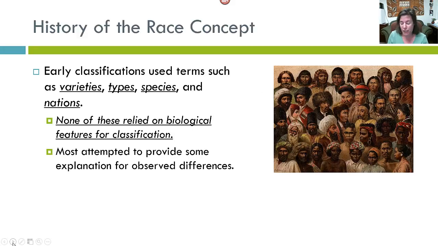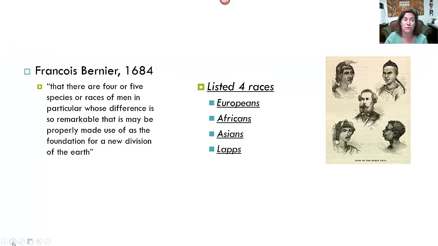The early classifications used terms such as varieties, types, species, and nations, and none of these classifications really used biological features. Most attempted to provide explanations for those observed differences.